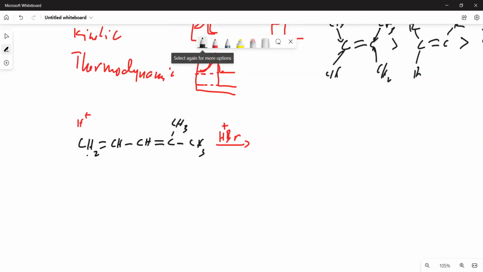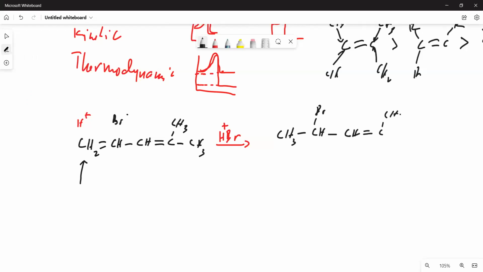So therefore, you're going to attach the electrophile here, and you will have the first product, the 1,2. No problem with this one because we can apply Markovnikov's rule. So you have CH3, and then you have CHBr, and then you have CH double bond, CH3, CH3. So this is our 1,2 product.